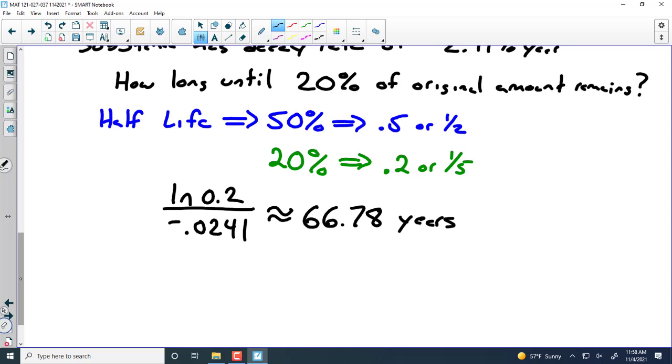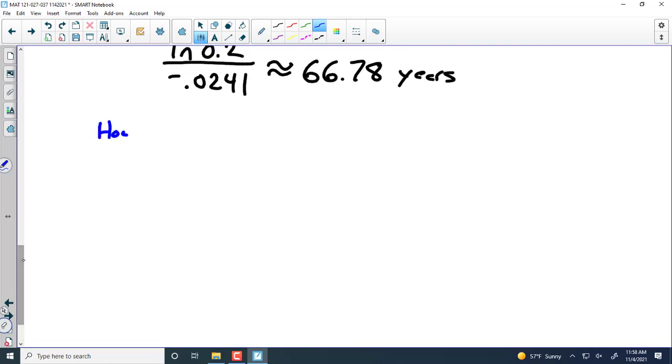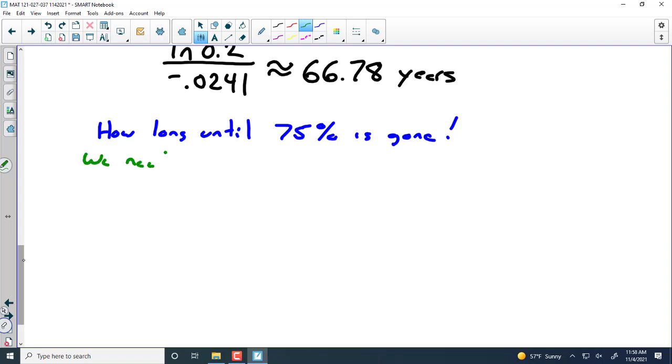We can do this, but here's the trick question they ask you, and this is the annoying one. If they say how long until 75% is gone, they are asking us a trick question. Because the way these equations are set up, what we need to know is how much remains.